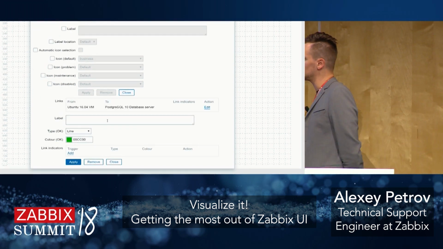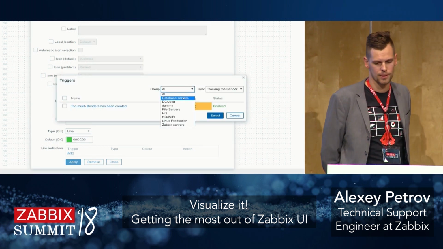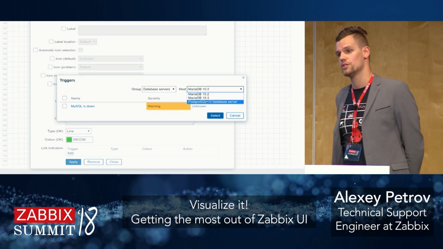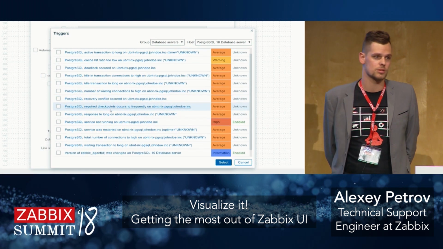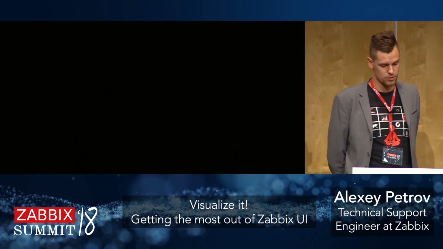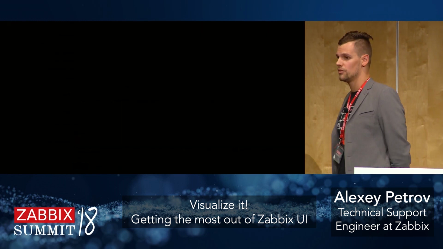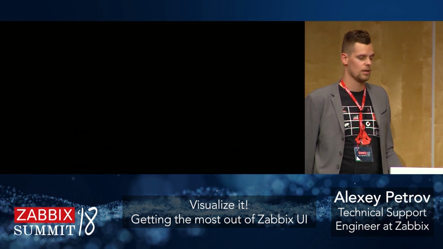I've added a link indicator on that, and by default, this one is green. So in order for your link to change color from the default, which is green, to some sort of red, or even change its boldness, or let's say make it dashed, you need to have a trigger.